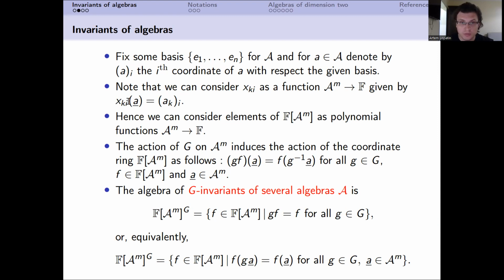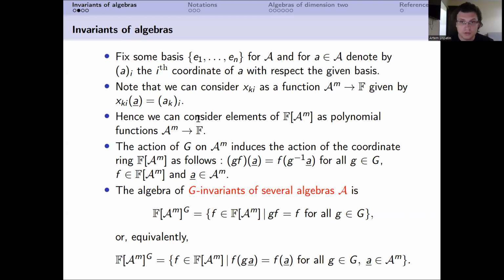As I said before, this function simply takes the k-th element in this direct sum and then takes the i-th coordinate of the corresponding element of the algebra. So we may consider these variables as functions, and because of this, we may consider any element of the coordinate ring as a polynomial function.